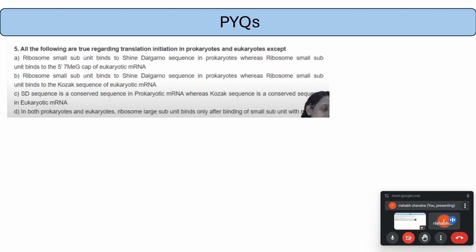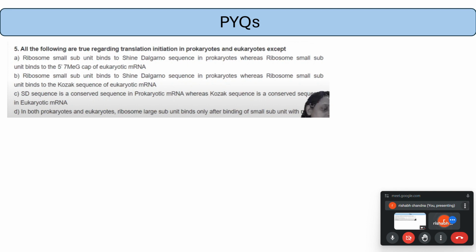Then, ribosome small subunit binds to Shine-Dalgarno sequence in prokaryotes, whereas ribosome small subunit binds to the Kozak sequence of the eukaryotic mRNA. Then, Shine-Dalgarno sequence is a conserved sequence in prokaryotic mRNA, whereas Kozak sequence is a conserved sequence in eukaryotic mRNA. In both prokaryotes and eukaryotes, the ribosome large subunit binds only after binding of the small subunit with the mRNA.